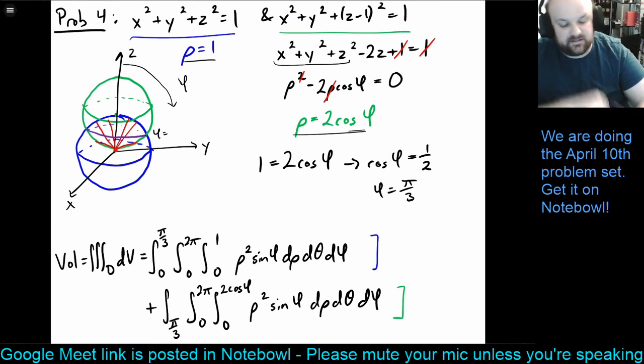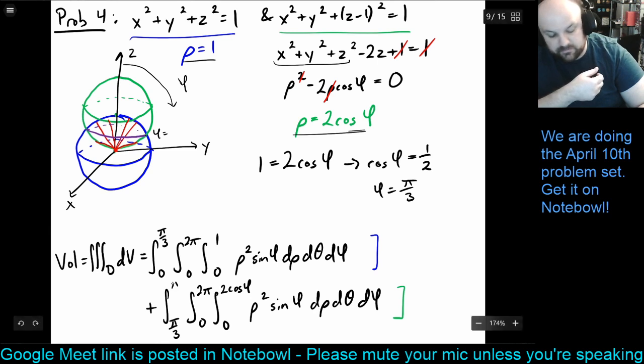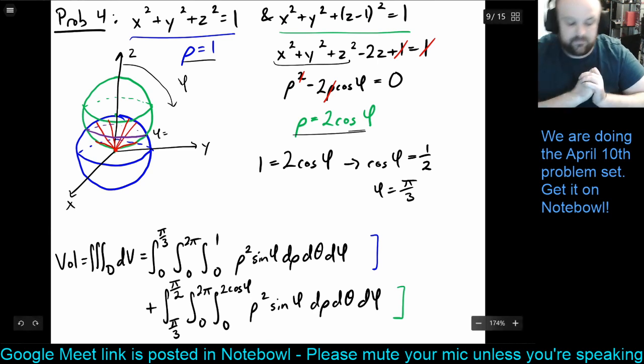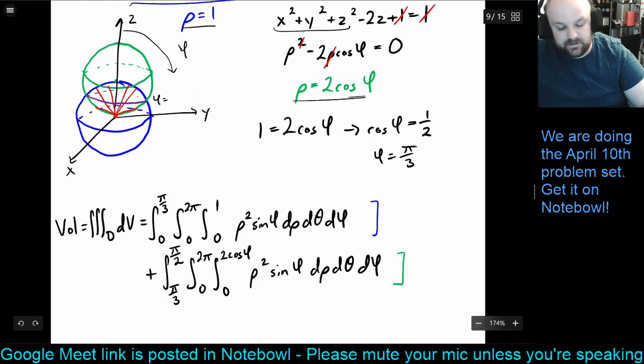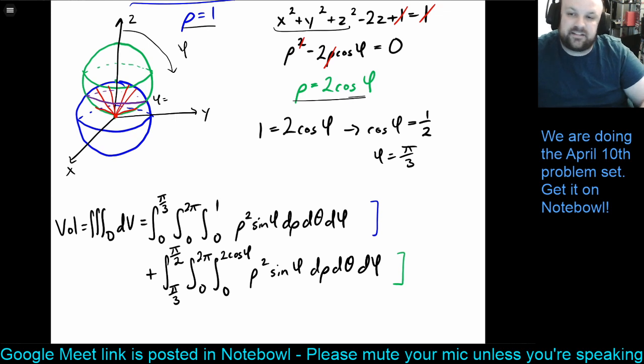If you set 2 cosine phi equal to 0, we're asking when is cosine of phi equal to 0. That's going to be at pi over 2. And so now we have our two pieces. If we compute these two pieces and add them together, that's going to give us the volume of that solid between the two spheres.